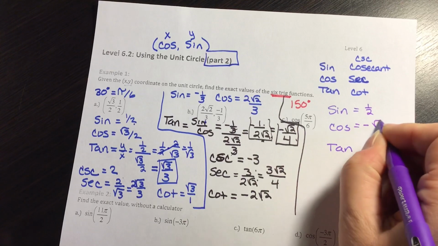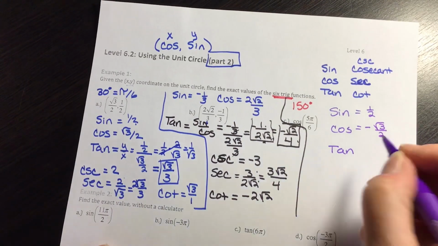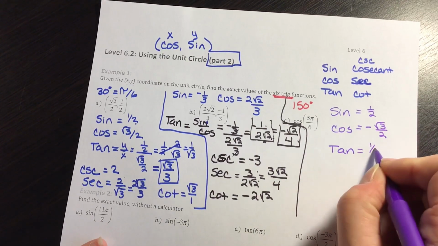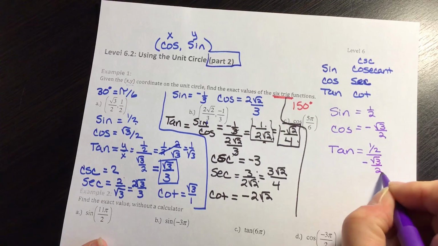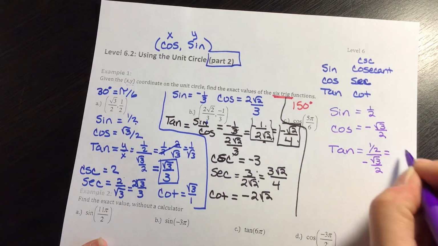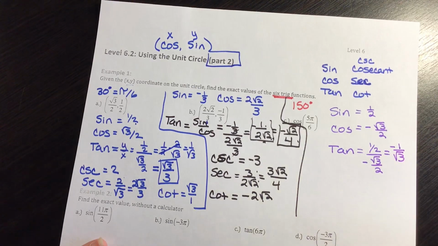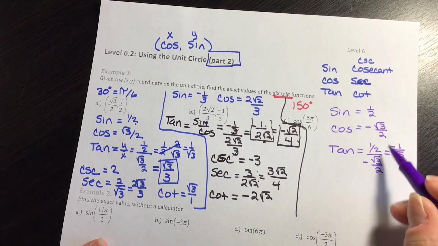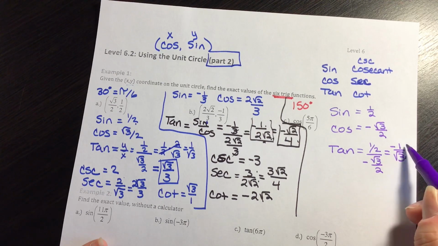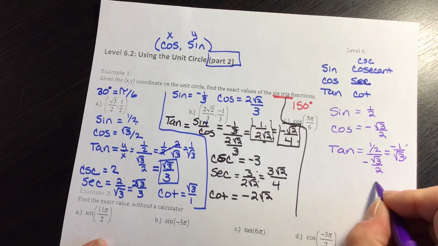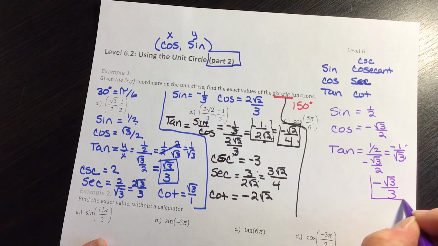Now tangent will be 1/2 divided by negative square root of 3 over 2, which gives me negative 1 over the square root of 3. And if I rationalize the denominator, multiply the top and bottom by the square root of 3, I get negative square root of 3 over 3. So that's the tangent value.